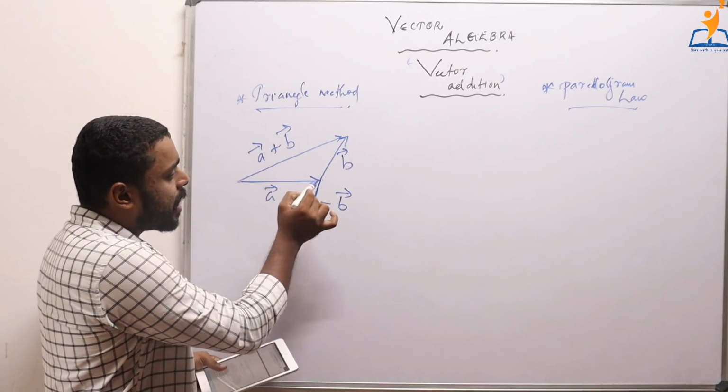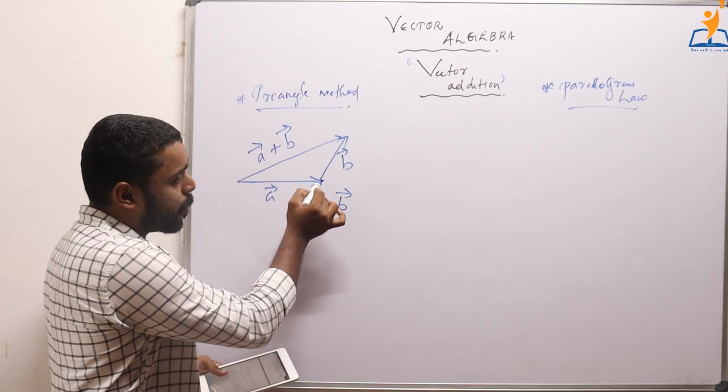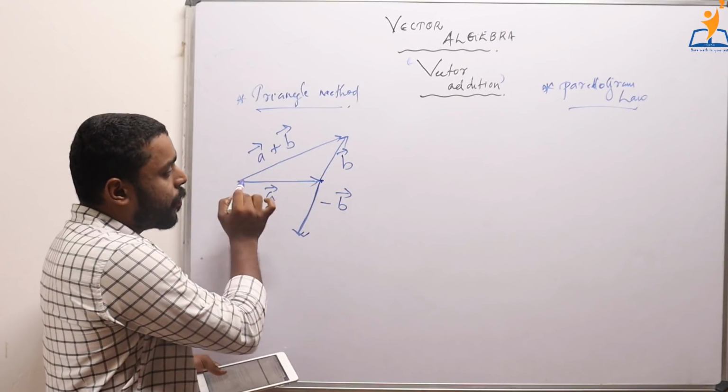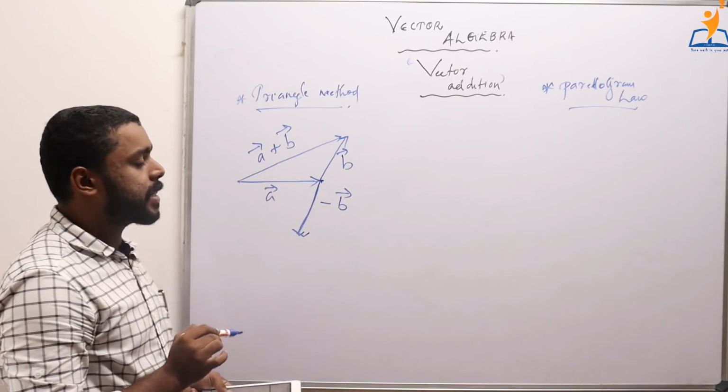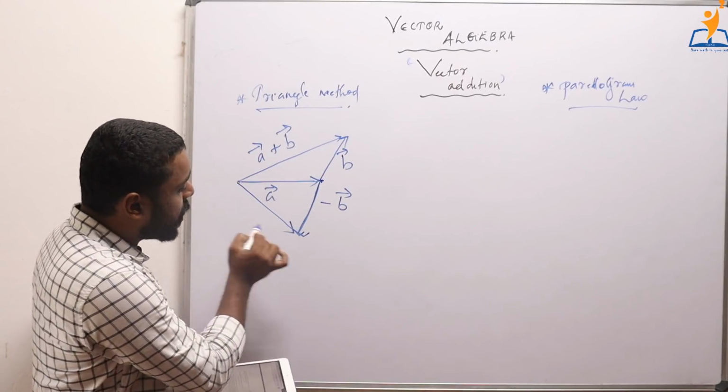See, here also we got a side of the triangle. The initial point of the new vector is at the terminal point of A, and we can take these two as the sides of a triangle. Here also we can find the third side just by joining.